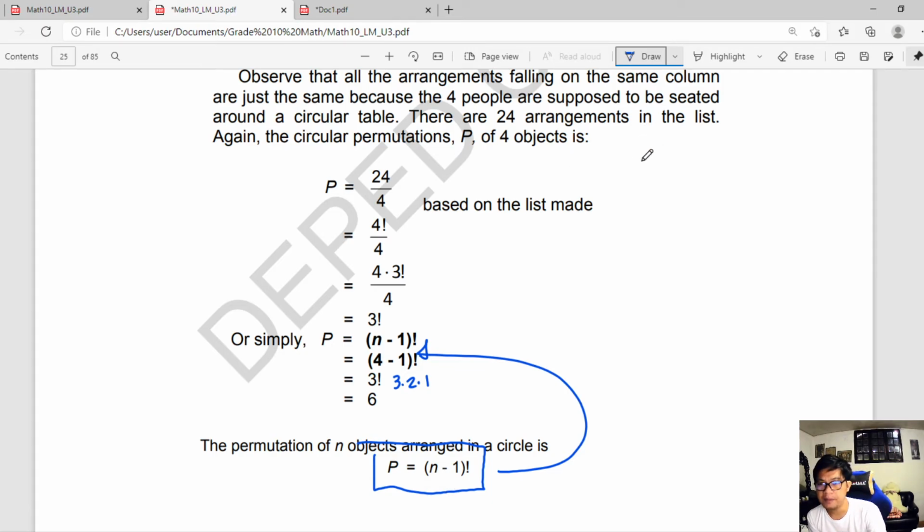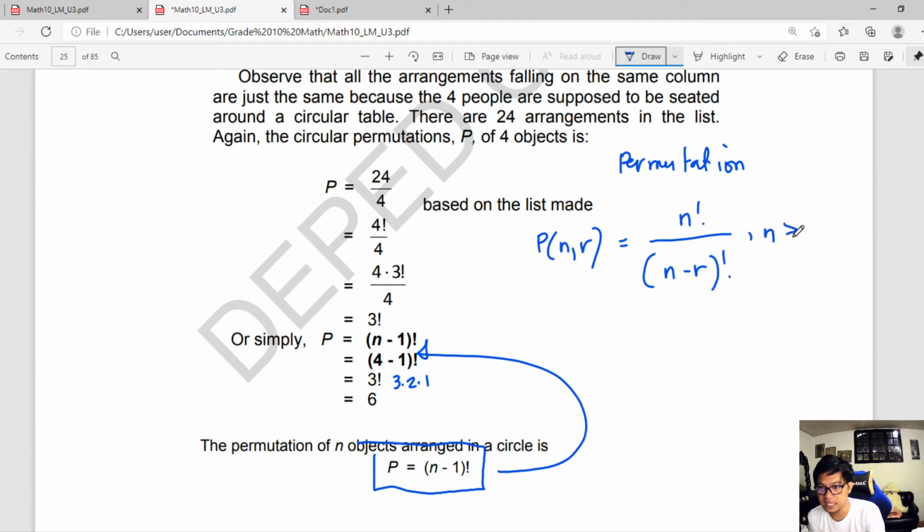Okay, to summarize our discussion about permutation, the formula to be used is, in general, the permutation of n taken r at a time. Kung ma-remember nyo, we have n factorial over n minus r factorial, wherein n is greater than or equal to r.